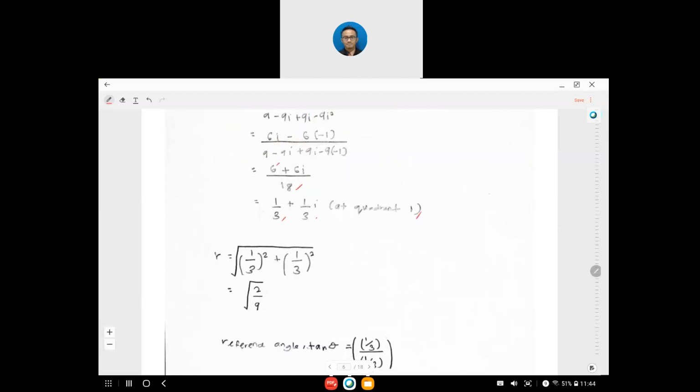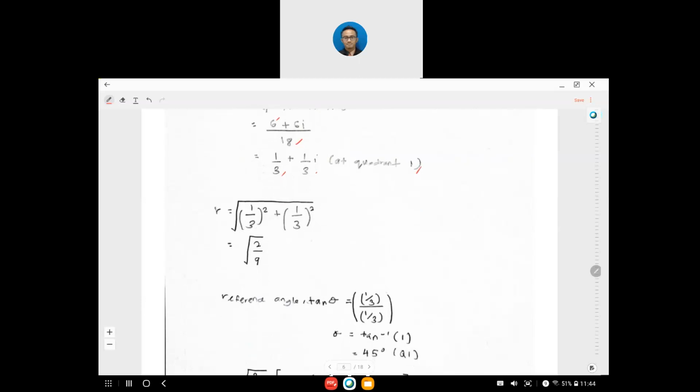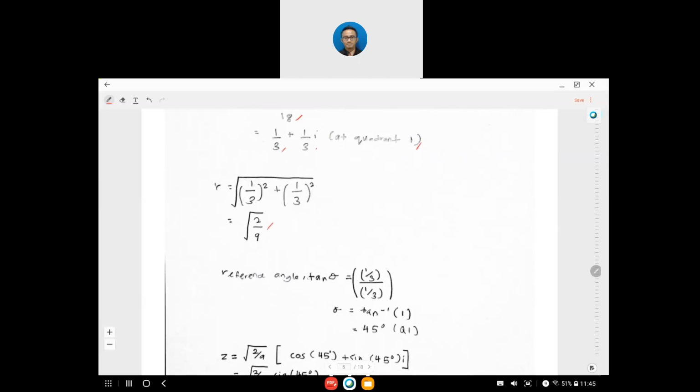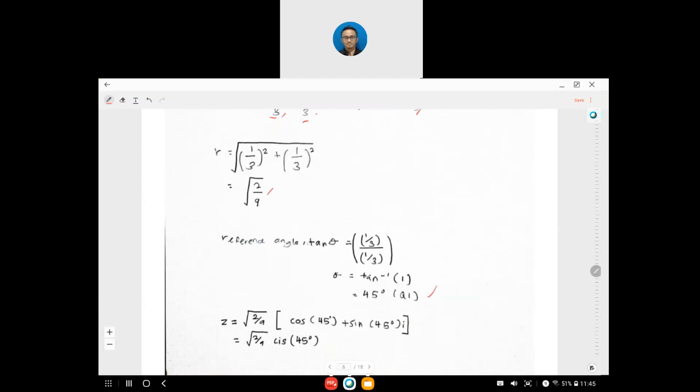And then R becomes square root of 2 over 9, and then your reference angle, because this one is equal, you can get tangent theta 1, theta equal to 45 degree, and then put in the polar form. You can get square root 2 over 9 times by cos 45 degree plus sine 45 degree I.